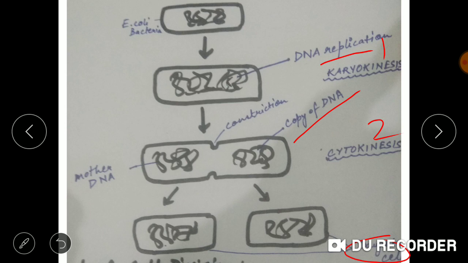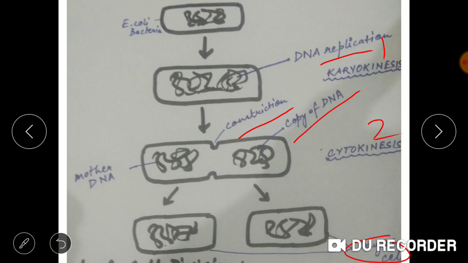Now occurs another step, that is cytokinesis. In cytokinesis, the cytoplasm is undergoing division. How? By the process of constriction. Constriction means separation.